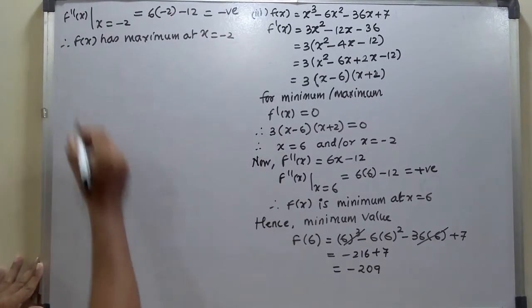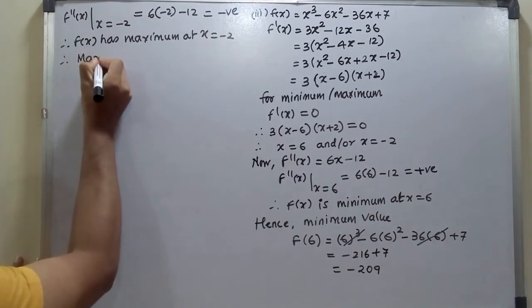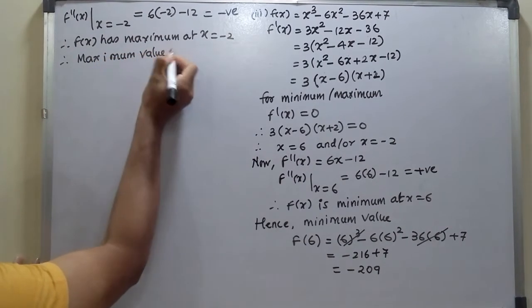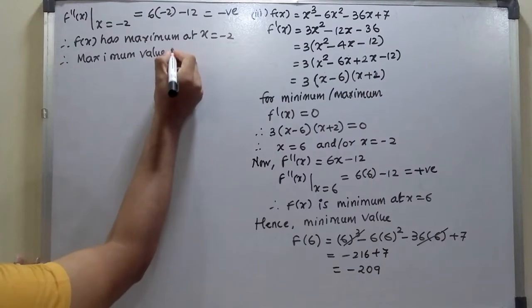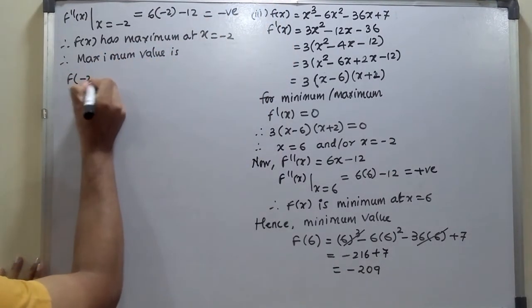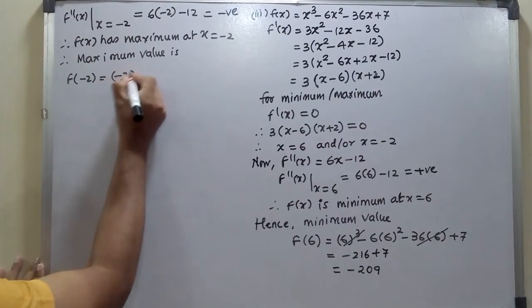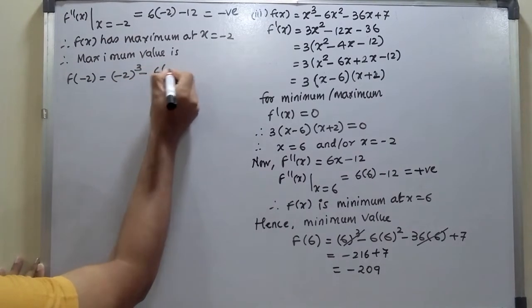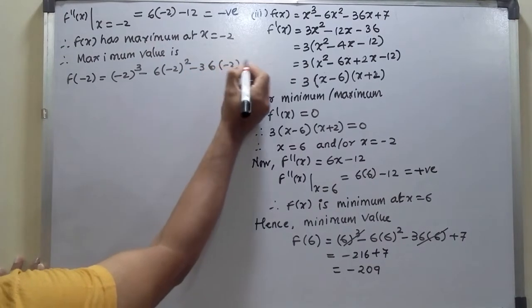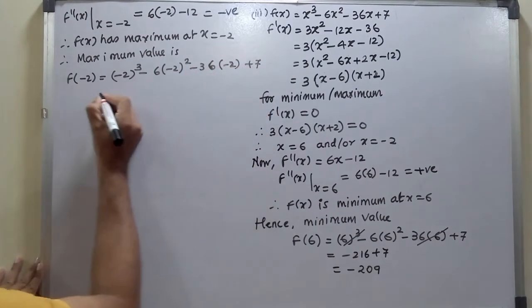So what will be the maximum value? Therefore maximum value is function of minus 2. So it is minus 2 cube minus 6 into minus 2 square minus 36 into minus 2 plus 7.